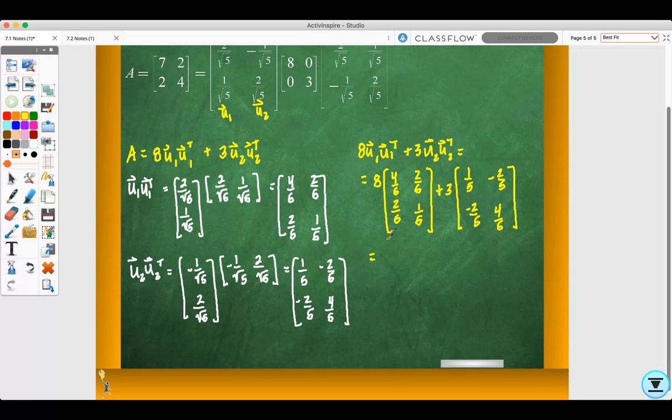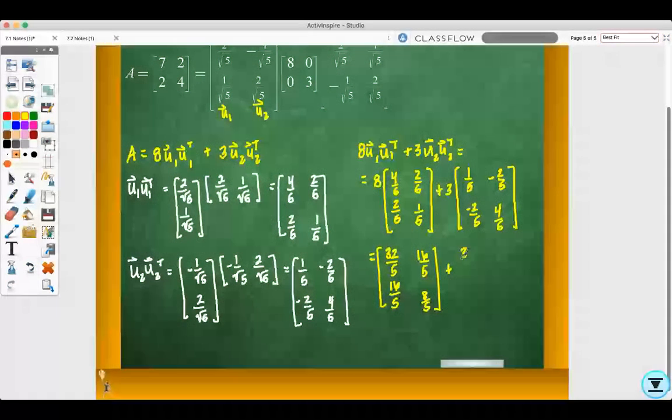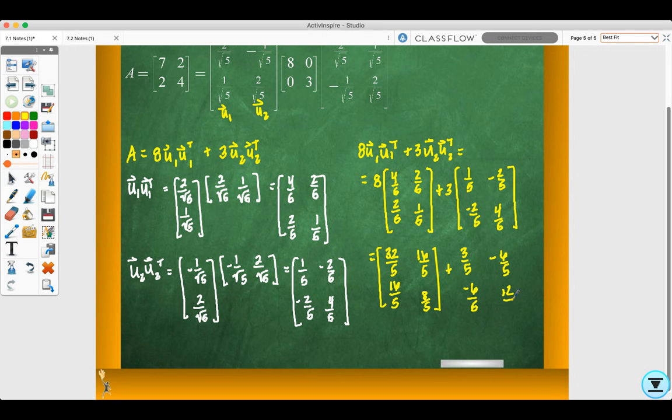End up getting 32/5, 16/5, 16/5, 8/5, plus 3/5, -6/5, -6/5, 12/5.